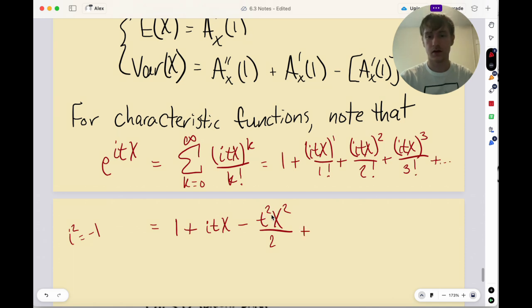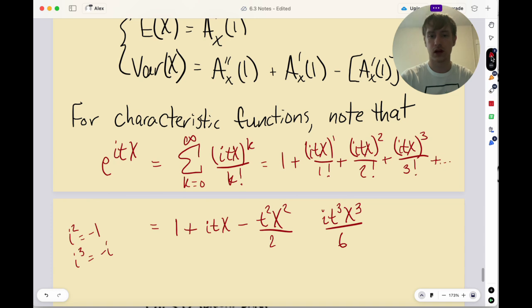Plus i cubed, t cubed, X cubed. But remember that i cubed would just be i squared times i, which is -1 times i. So we could say that this is equal to minus i t cubed X cubed all over 3 factorial, which is 6.